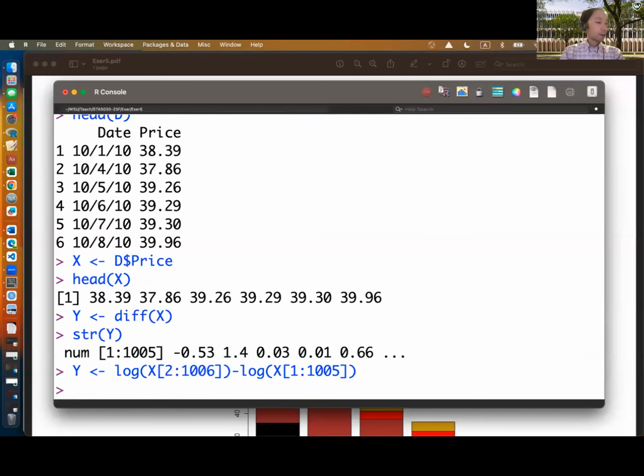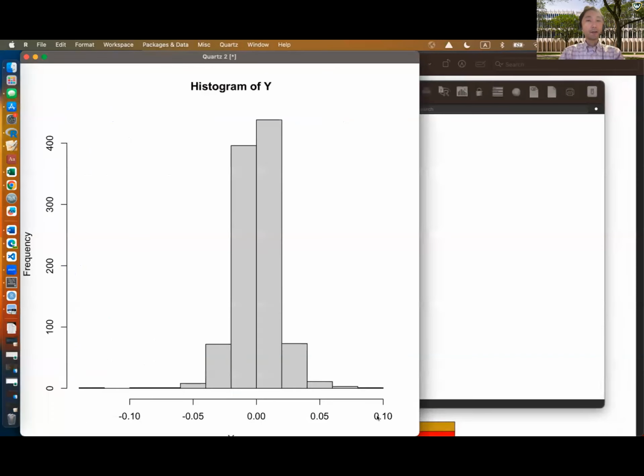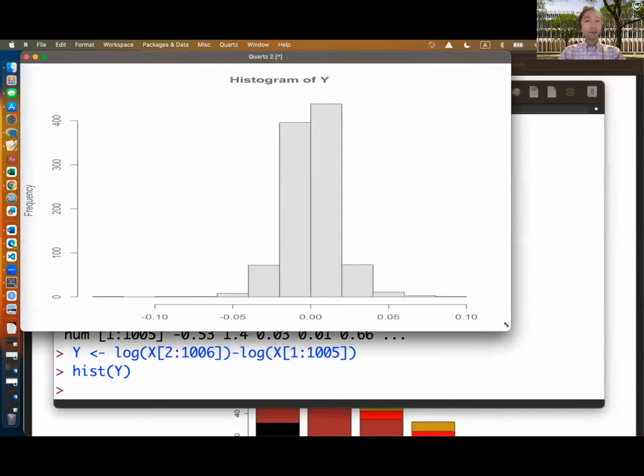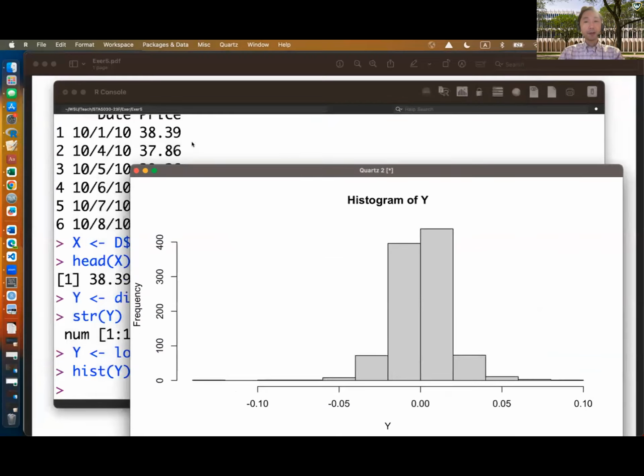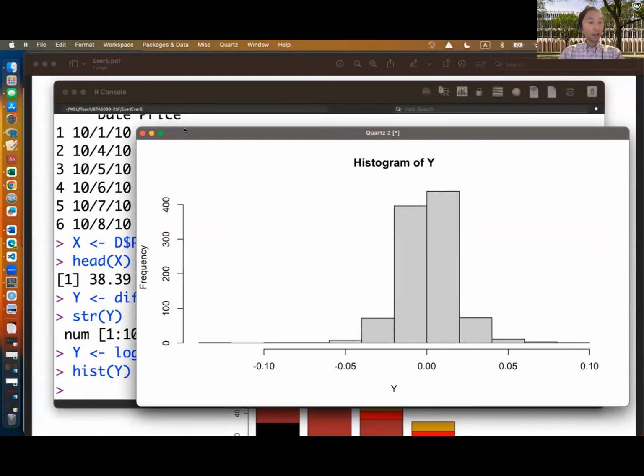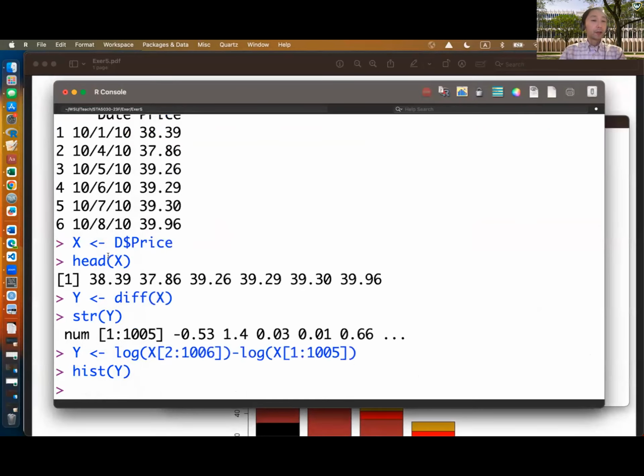So this is Y. The histogram of Y looks like this. But we want to standardize it because we want to compare it with standard normal random variables and also t distributions, which are almost standardized.